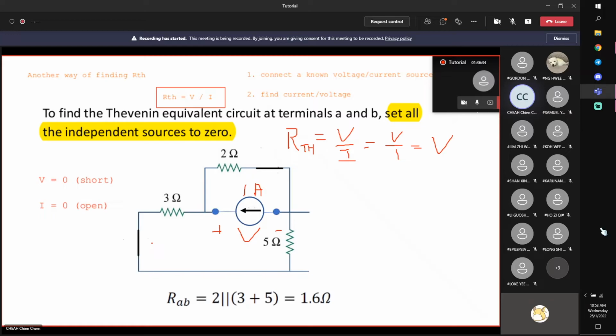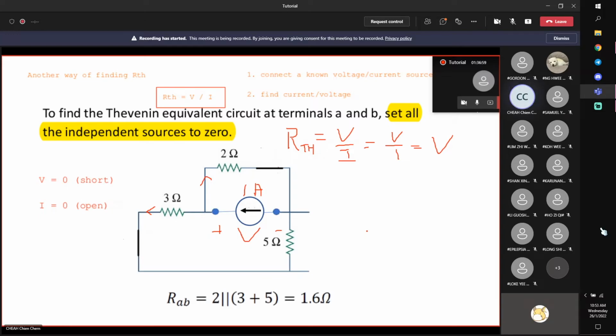So in this case, I'll calculate the voltage across this rather than the current. But the rest is the same. You should go back and try this: 1 ampere, use the current division law to find the current flowing through any of the branches. Once you know the current, multiply by the resistance, you can get the voltage.